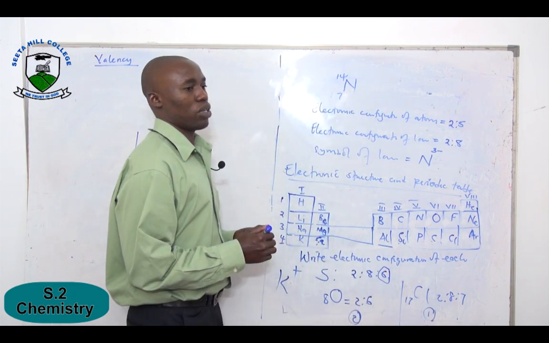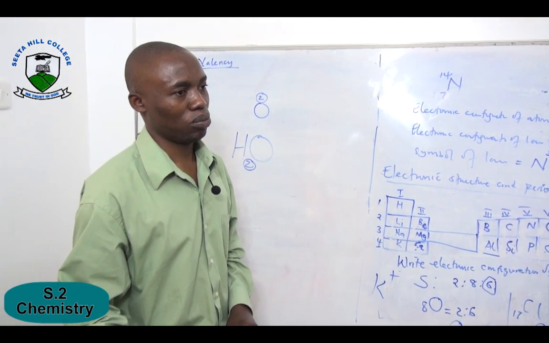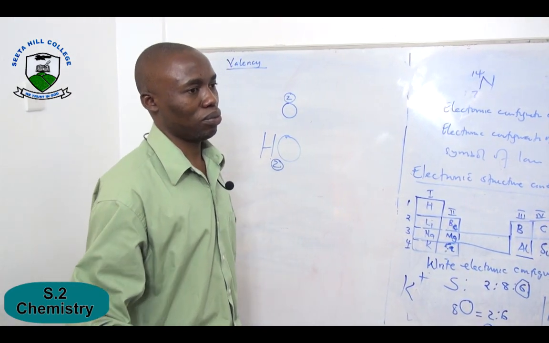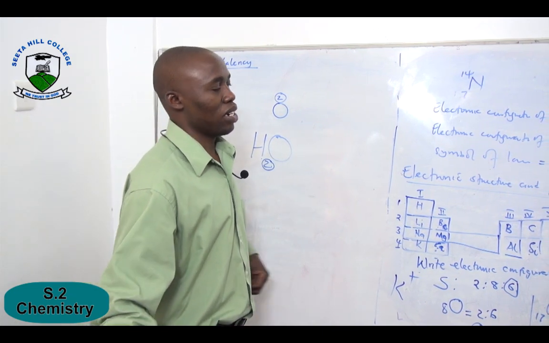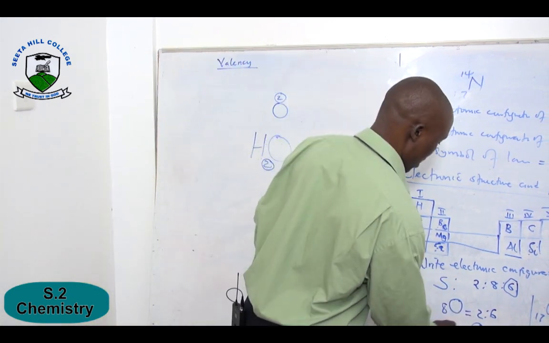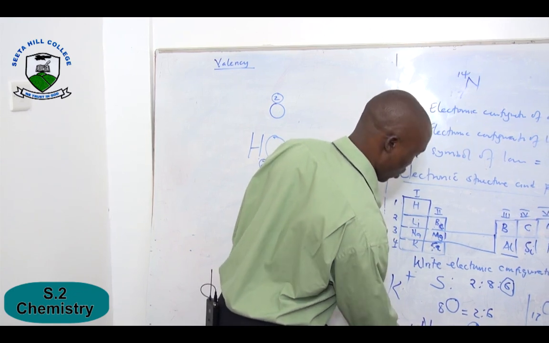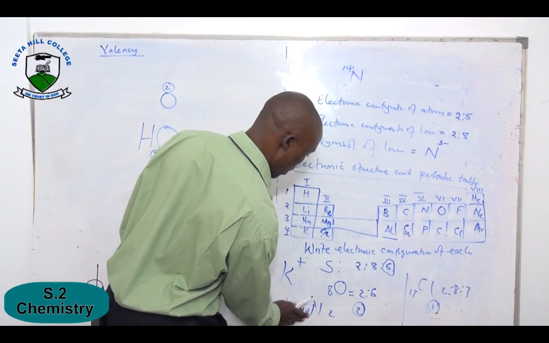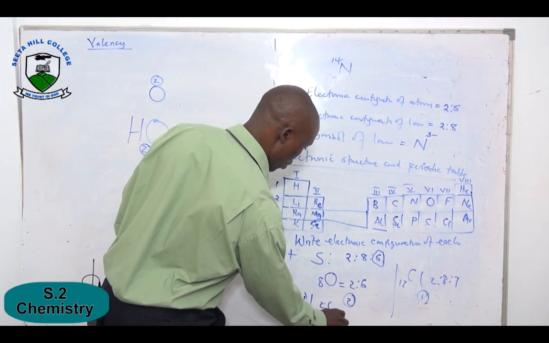And that one I'm going to explain. Nitrogen is 7, which is 2, 5. Has a valence of 3.